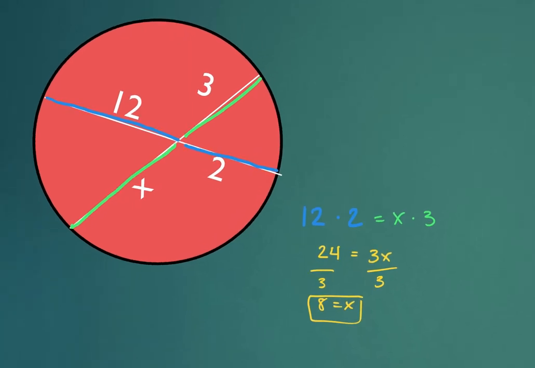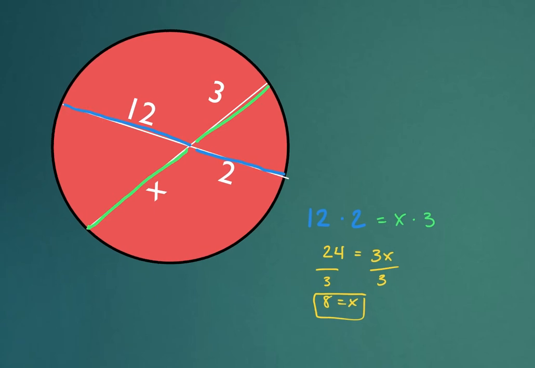Even if you had a chord that was super small over here, it's going to divide each of those segments into 2 parts, into 4 segments, that when you multiply them together, they're going to give you the same product.